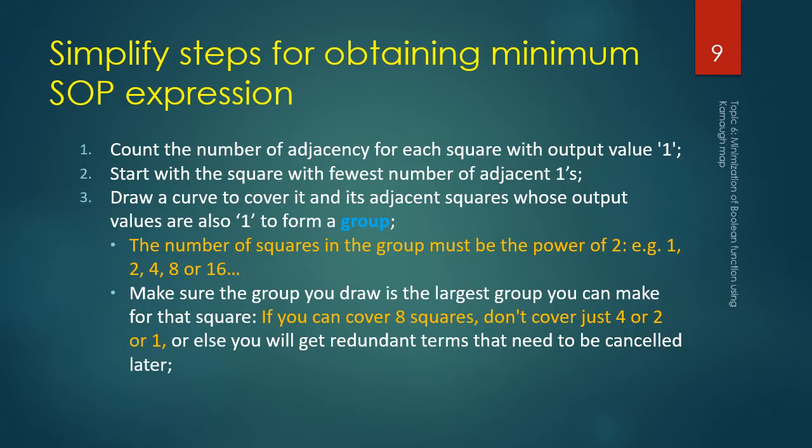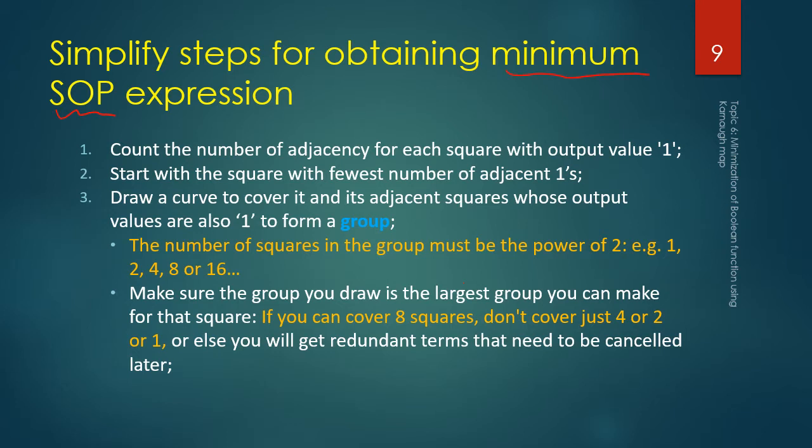Once you understand the adjacent squares or labeled squares, then we are ready to do the simplification. Now let's look at the steps. The first step is to count the number of adjacencies for each square with output value 1. By the way, the steps I'm showing here are for getting the minimum SOP expression.